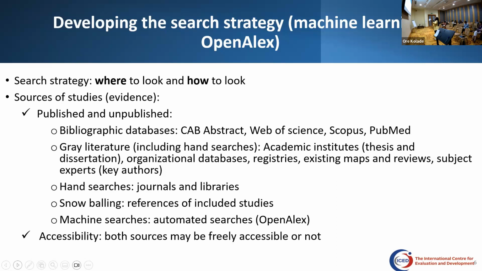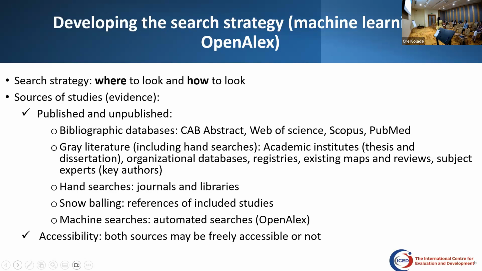For academic databases, we have both published and unpublished data sources. In our case, the EGM was on trying to find out the impact of infrastructure on nutritious diet, women's economic empowerment, and gender equality. So we only focused on three academic sources: CAB Abstracts, Web of Science, Scopus, or PubMed.